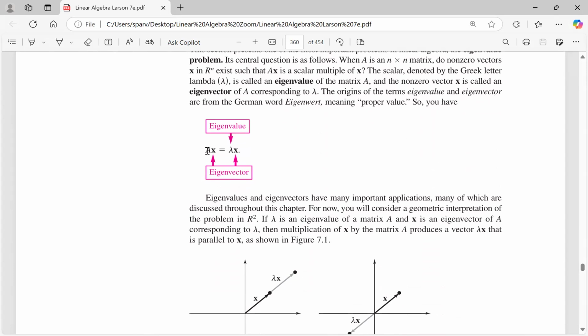Given this A, we want to know whether non-zero vectors X exist, where X is the vector of unknowns, X1, X2, X3, like that. So the non-zero vectors X in Rn, do these exist?